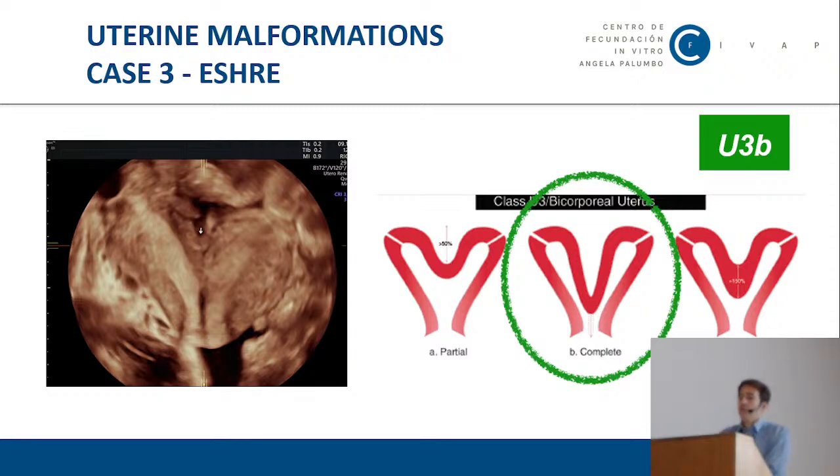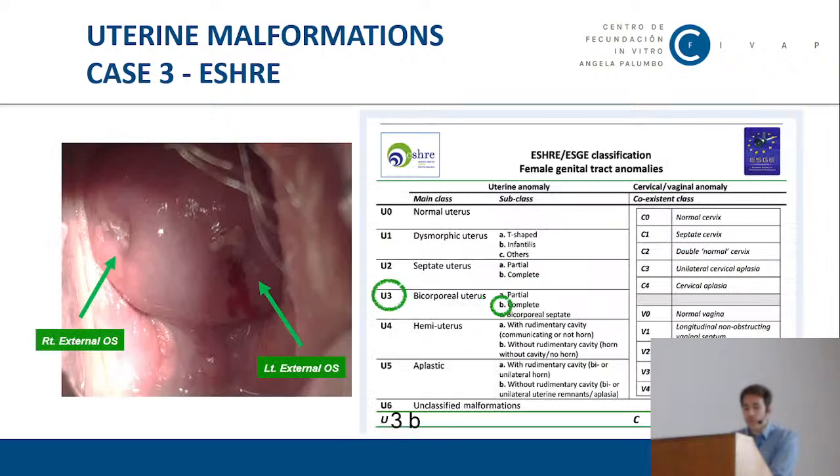So it will be U3B. After that, this patient has two normal cervixes, so it will be a U3B C2 with a double normal cervix, and this patient has a normal vagina, doesn't have any septum, so it will be a V0. At the end, it will be a U3B C2 V0.